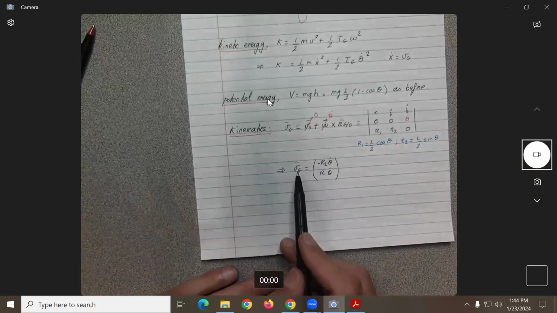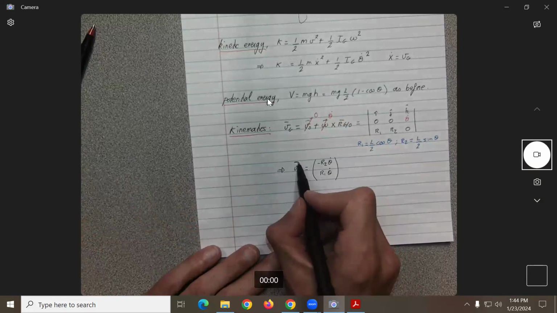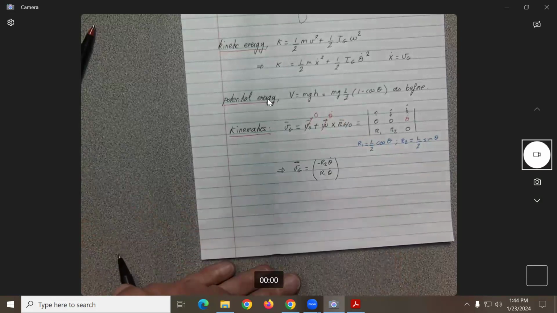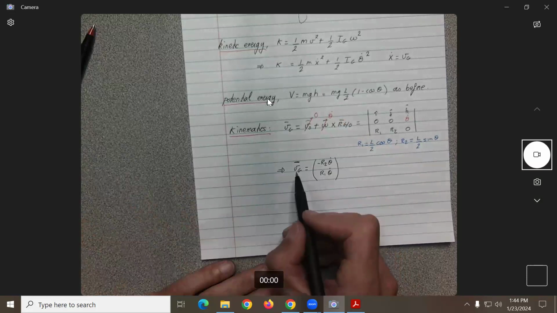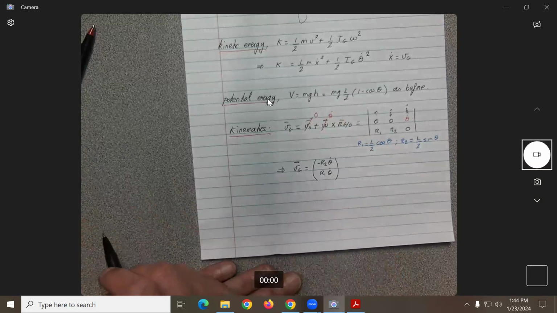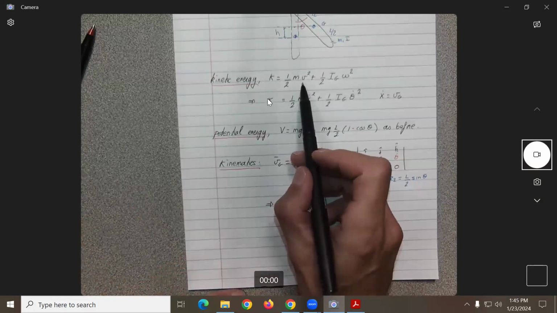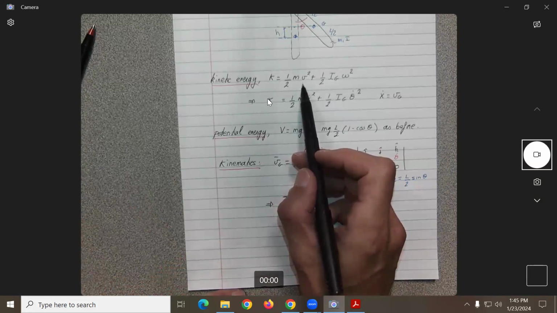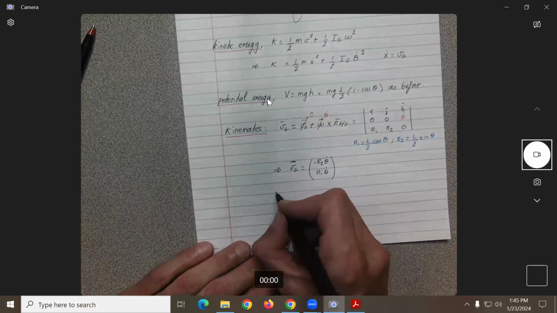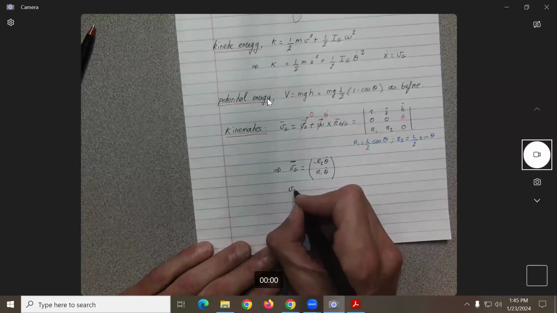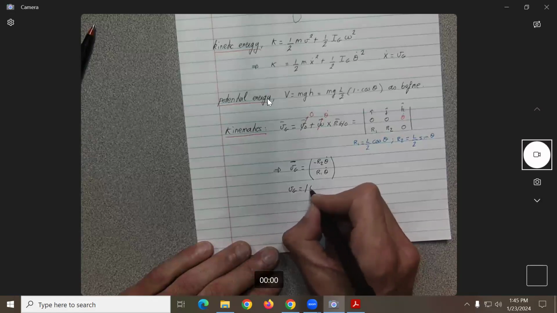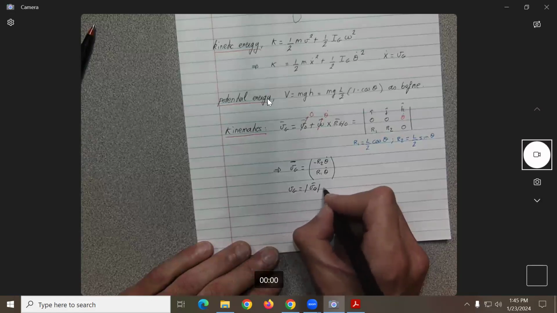Now, what does the bar on top of the V mean? It's a vector. Now, in this equation here, what is V? It's a scalar, the magnitude, no? Correct? So how do we get the magnitude? Vg is equal to the magnitude of the Vg vector.